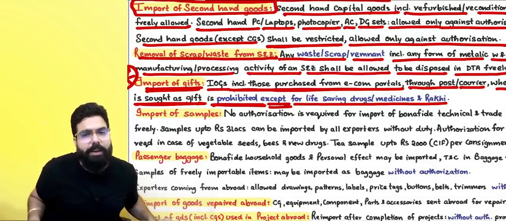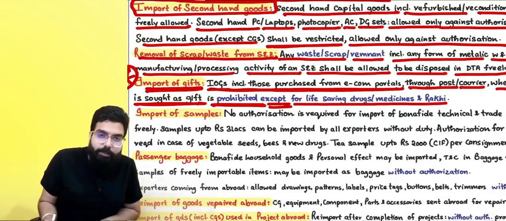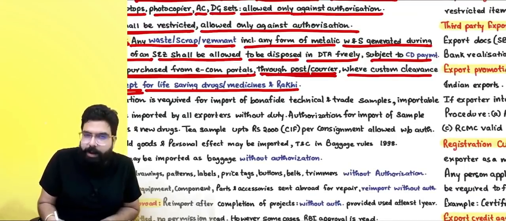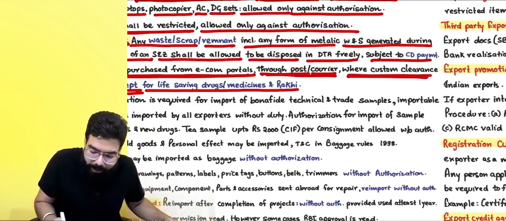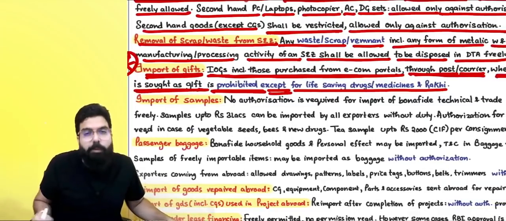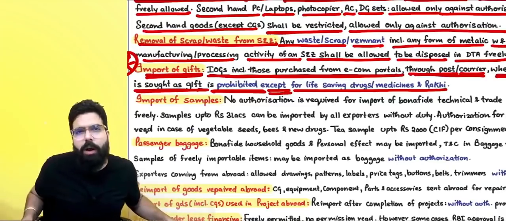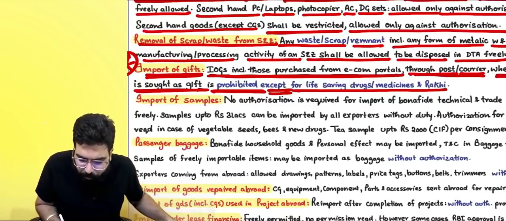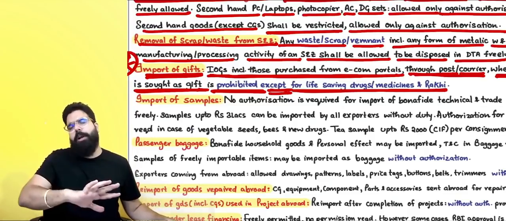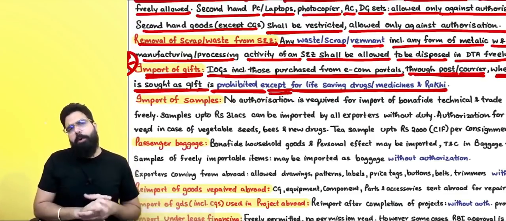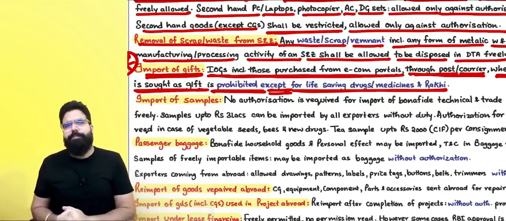But otherwise, always remember one thing: import of gift, those purchased from e-commerce portal through post or courier, you have to pay 100% duty. Where customs clearance is sought as gift, it is prohibited. They are telling except for life-saving drugs and medicine. Life-saving drugs can be imported and Rakhi can be imported as gift, and you don't have to pay any duty.